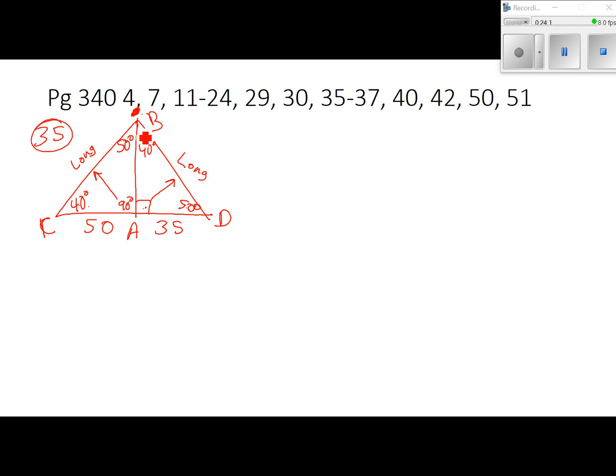And when we look at this side, that's what we're actually trying to figure out. We know that in the triangle on the left, that has to be the shortest side. It has to be shorter than the other ones.